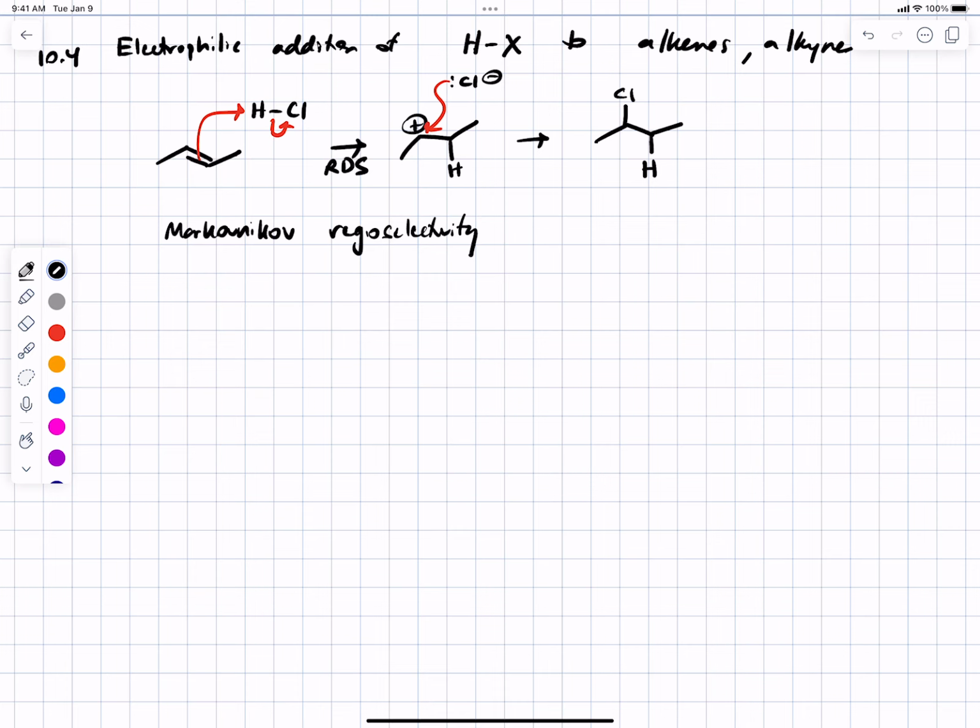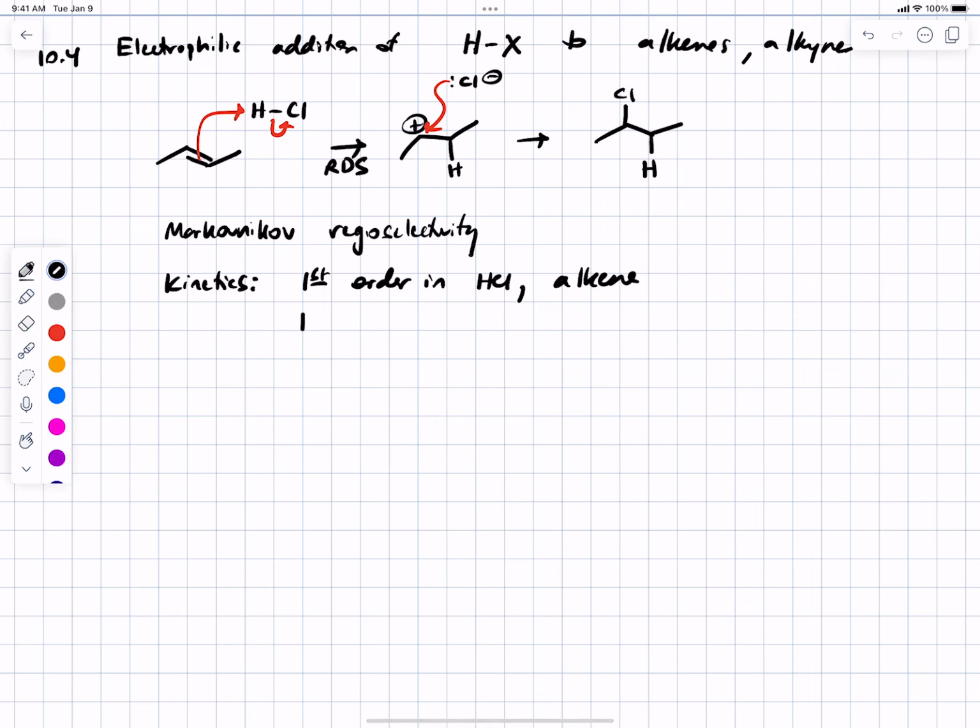Let's talk about some mechanistic complexities. We'll deal with some general kinetic observations first. The reaction is generally first order in HCl and in alkene. We wouldn't call this general acid catalysis anymore because we're not regenerating our acid. But proton transfer is involved in the rate determining step.